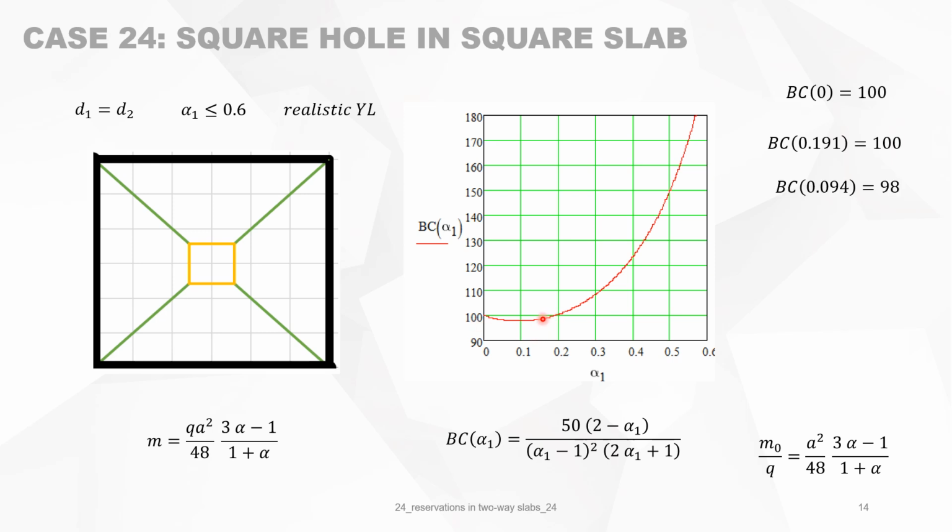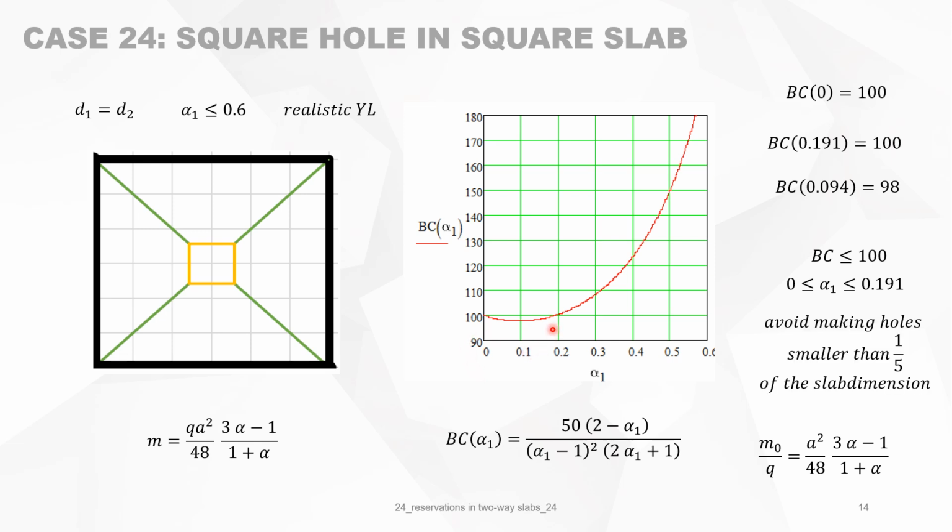So that's this portion. It means that the bearing capacity is less than 100% when alpha 1 is between 0 and 0.19. Or you can put it in general: avoid making holes or reservations smaller than 1/5 of the slab dimension for a square element.